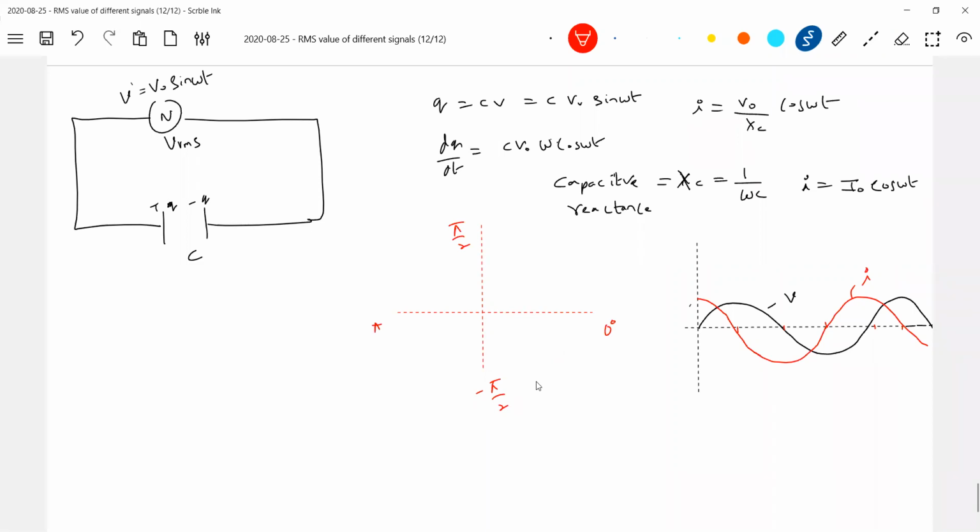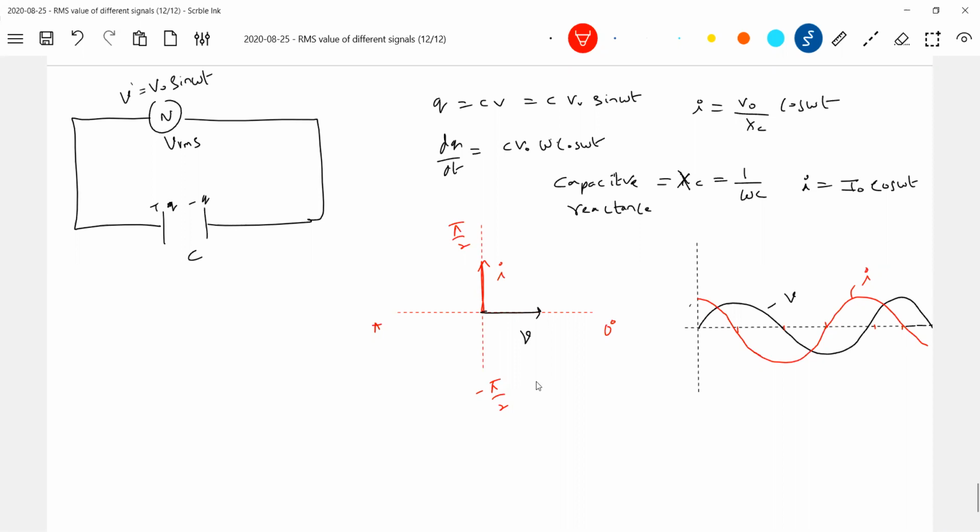Sine omega t, 0 phase. The voltage lies along the x-axis. What about the current? It is cos omega t. It leads the voltage by 90 degrees. So across a capacitor, the current leads the voltage by 90 degrees.